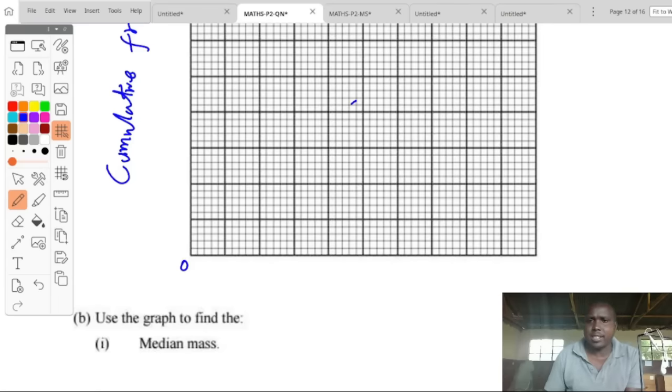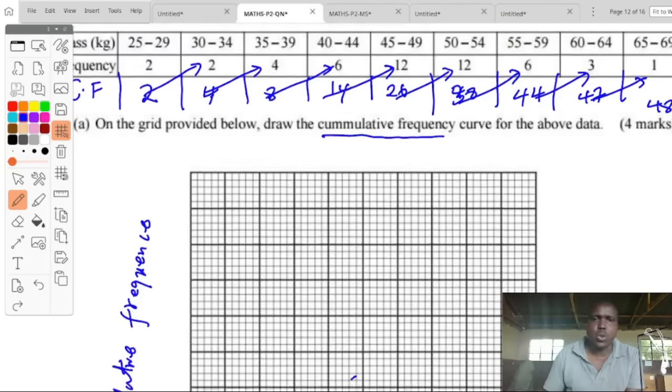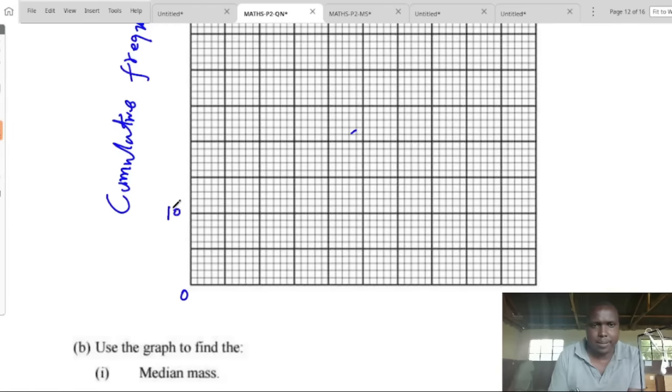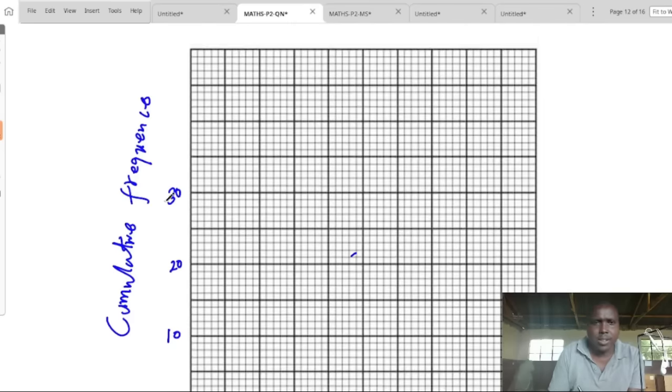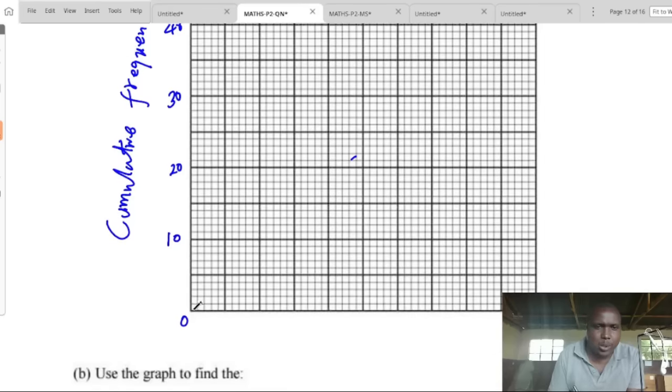Our highest CF is 48. So we can take this one as 0, 10, 20, 30, so that this is 40 and this is 50, meaning our 48 is here. So one small square is 1, 2, 3, 4, 5, 6, 7, 8, 9, 10, like that.